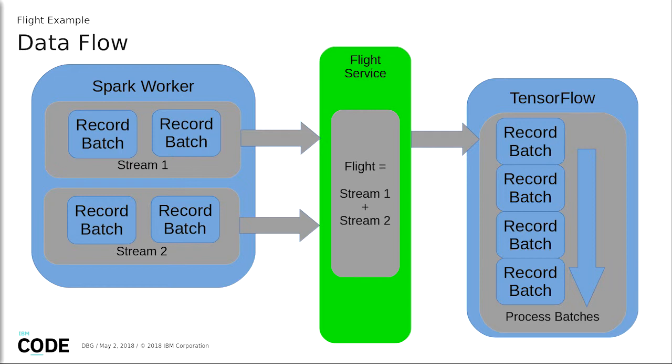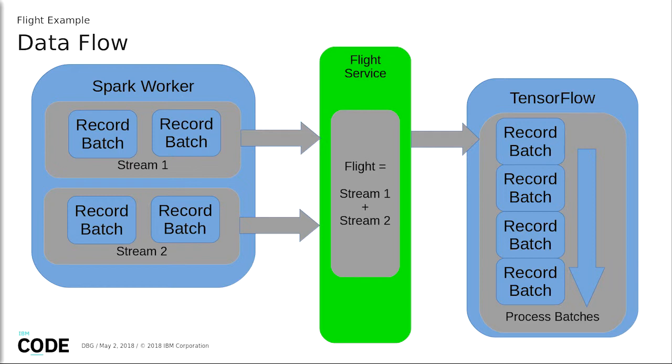And then another task will come along and say, here's a little bit more of my rad Spark data. Now the flight service is going to accept all that data and classify it under the rad Spark data descriptor.